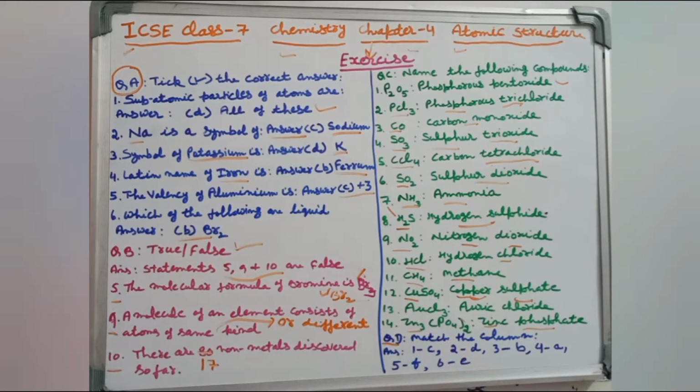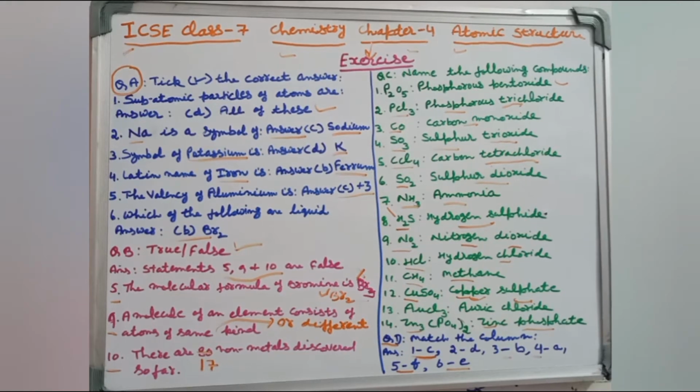I have matched them, column A and column B. A molecule of an element will match part C of column B, and a molecule of a compound 2D, 3B, 4A, 5F and 6E. You can do it this way. These are your 4 questions, A, B, C and D.